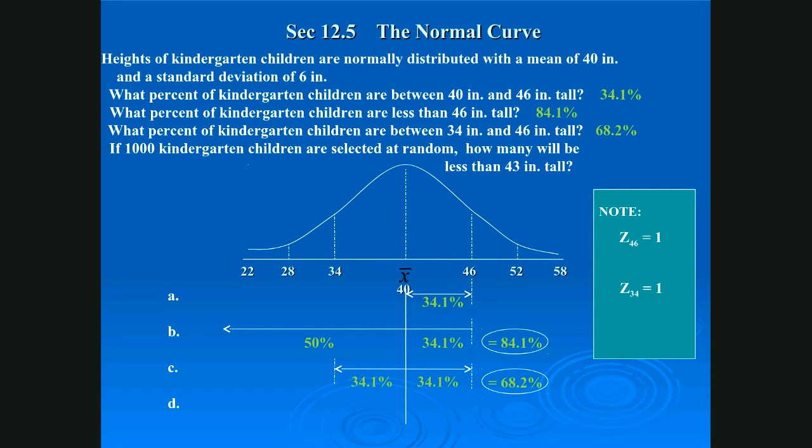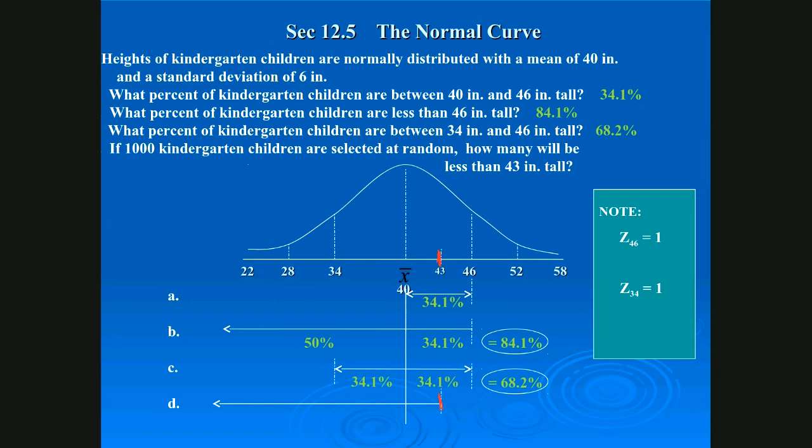If 1,000 kindergarten children are selected at random, how many will be less than 43 inches tall? Well, we have to find our z-score for 43 first.